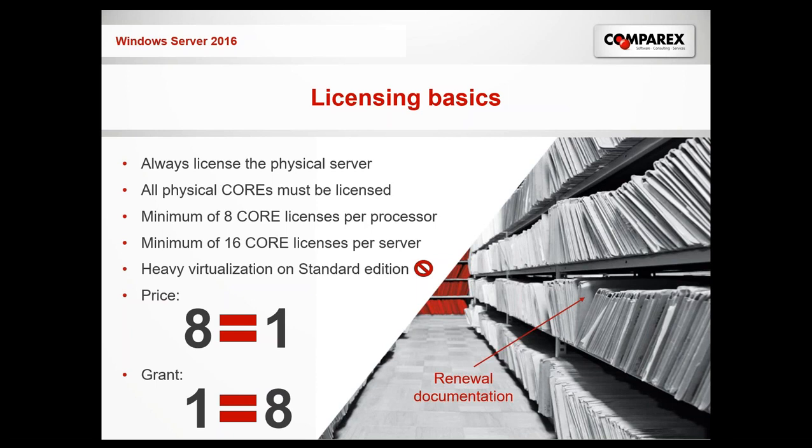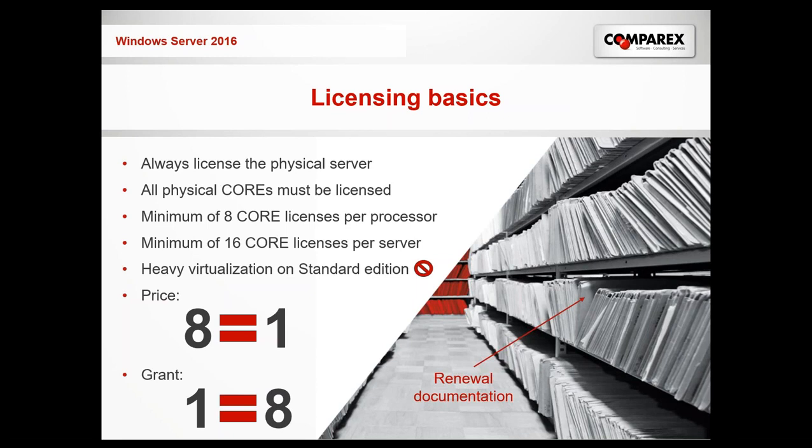For every physical processor, you'll have to license a minimum of 8 cores, regardless of a possible lower number of actual cores in that particular processor. Furthermore, the minimum number of cores per server is 16. That's equaling the former minimum of 2 processors per server.